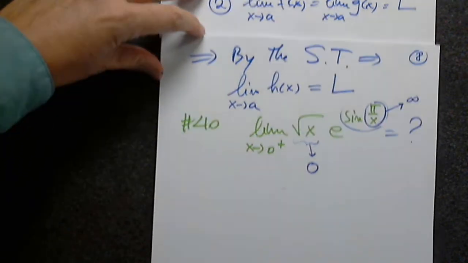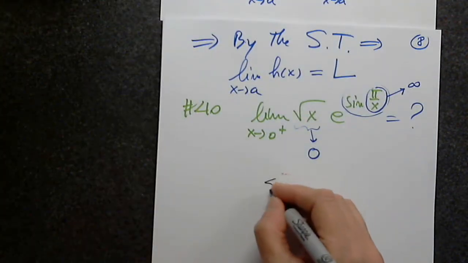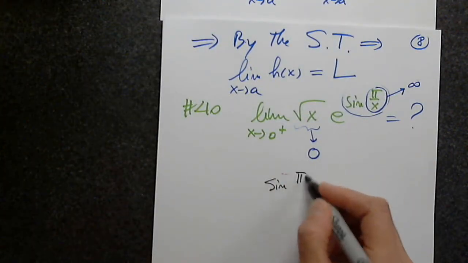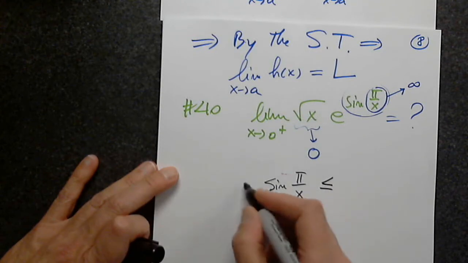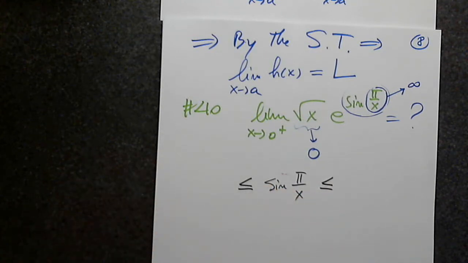But here is our starting point. We know that sine pi over x, or sine in general, is a bounded function. It's one of the nice functions. It cannot go above a certain value, and it cannot go below a certain value. What do I mean by that?